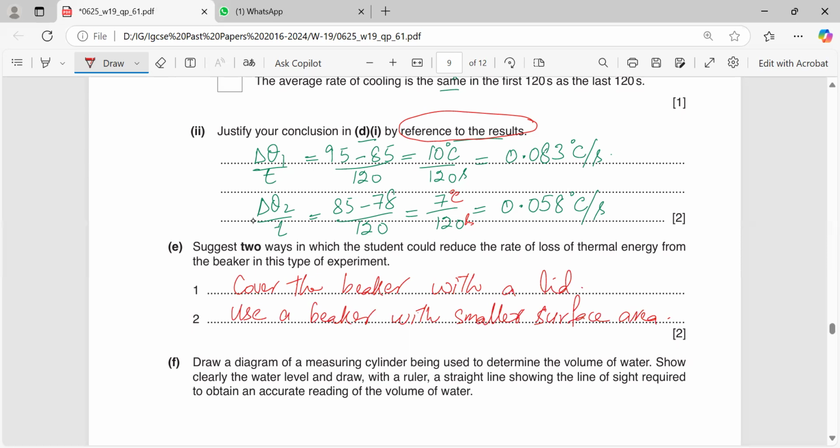So these two. You can even use a smaller volume of water. You can use a high room temperature, because then the difference of temperature between the hot water and room temperature will be smaller, so the rate of cooling will be less. You can even insulate the beaker, that can be written. So I have written these two, and I have explained why this is correct.